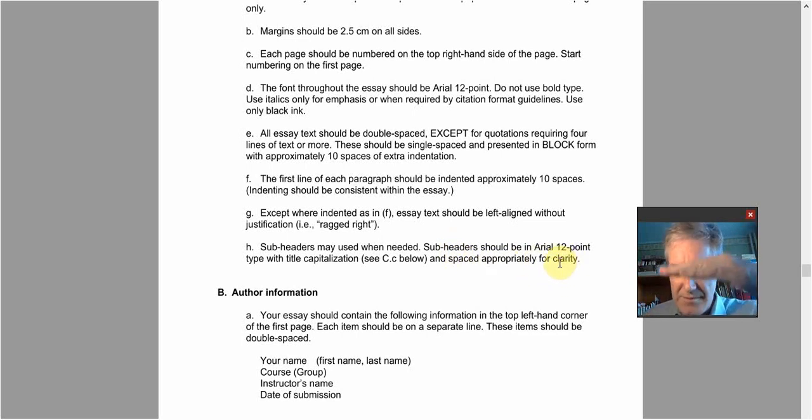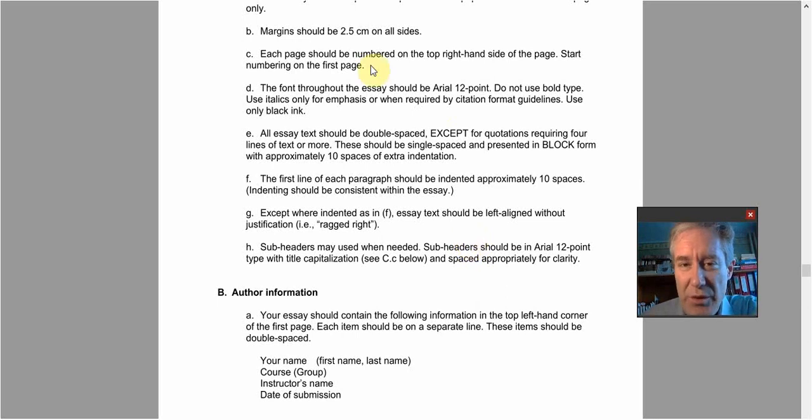Okay, so space them so that they are not touching the text above or below them. But don't worry about this unless you want to have sections with little titles of their own inside your essay. Not really recommended usually for this kind of essay. Maybe for the analytical essay, which is longer than the other essays, subheaders and sections might be useful.